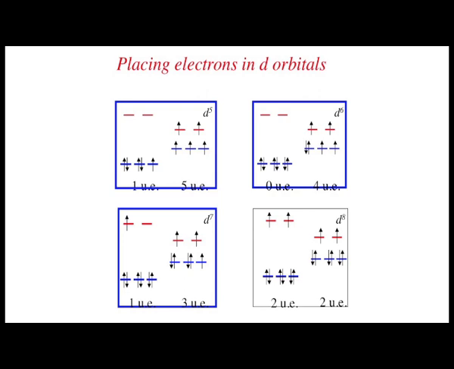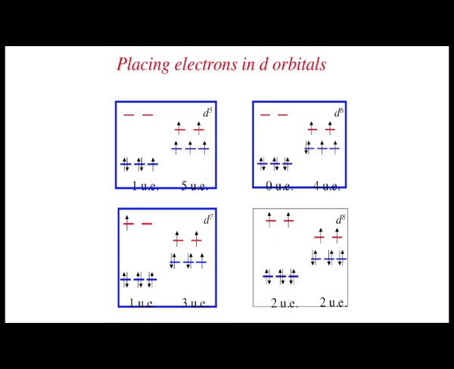Next is the D8 situation, which is very common for bivalent nickel. So, in the nickel 2 plus situation, we do not have any condition where, even if we go for these two conditions, we can change the number of unpaired electrons on the left as well as on the right.